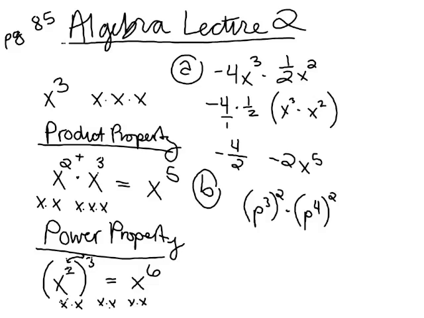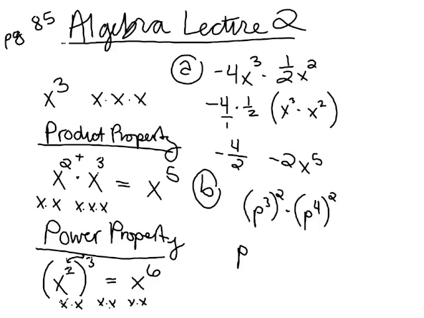So what is p cubed squared? Power property, remember, if I have a set of brackets, what did I do with the 2 and the 3? Times together. Okay, I multiplied those together to get a 6.